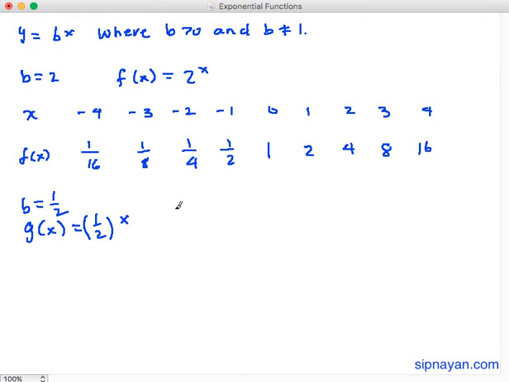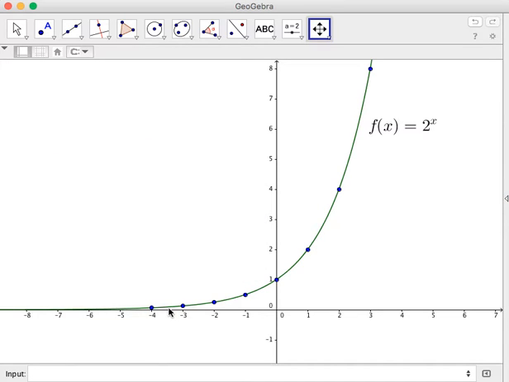No? Ano kaya ang relasyon niya dito sa 2 to the x? May kinalaman kaya yung dalawang yan? I mean, may relationship kaya yung dalawang yan. Tingnan natin. No? G of x is equal to 1/2 raised to x.